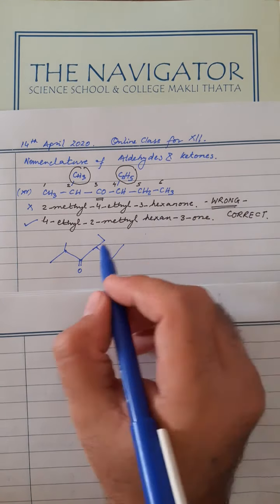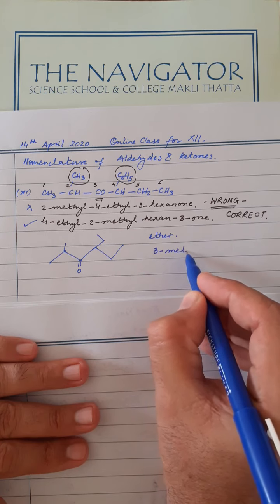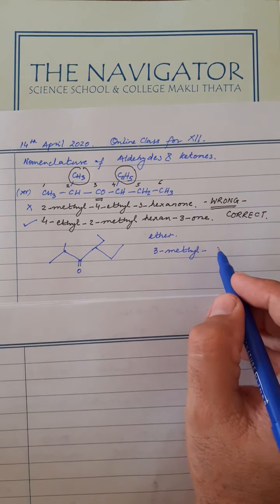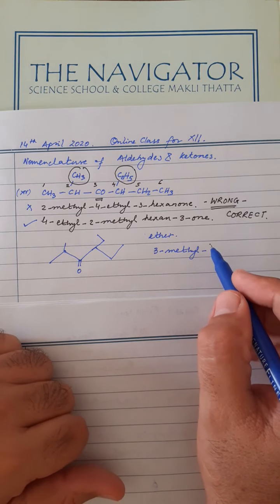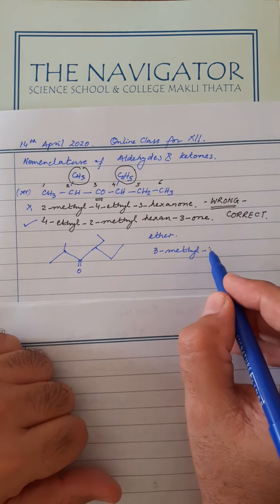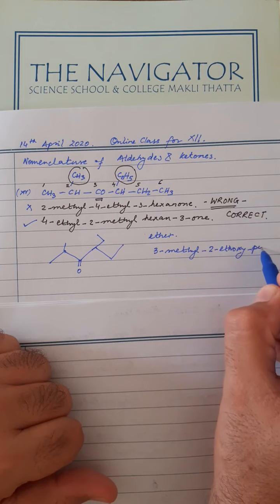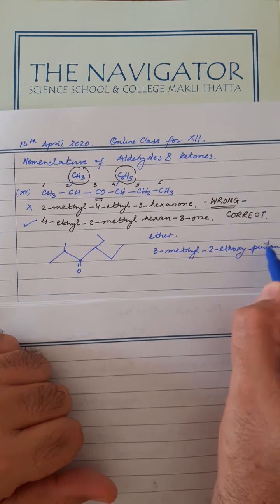Okay. For example, we have the name of the ether as 3-methyl 2-ethoxy pentane, right?